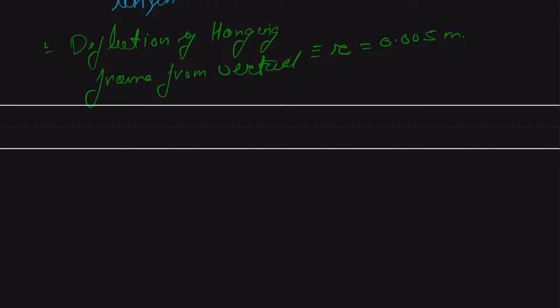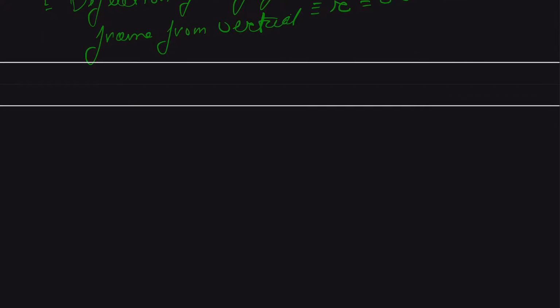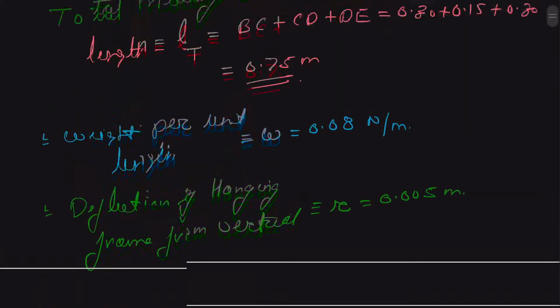So first of all, we are going to find out what will be the center of mass of this frame BCDE. Okay. Because there will be two forces. One force will be the force of repulsion, that is going to produce a torque, and another force will be the weight, because it is aligned at an angle of theta.